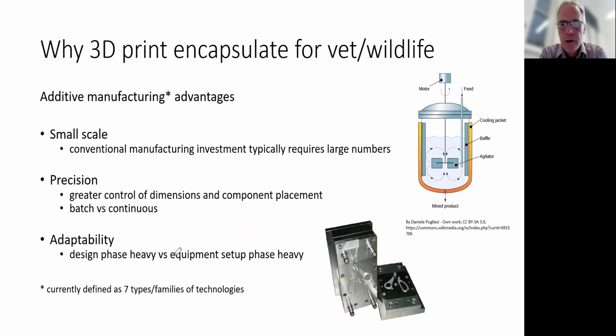And so additive manufacturing really enables rapid redesign and change without barriers where we can't change the mold anymore, or we can't even mold that. So this adaptability makes it very attractive.